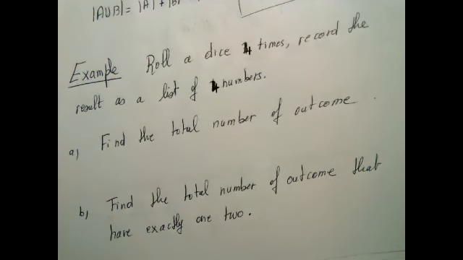We roll a dice 4 times and record the result as a list of 4 numbers.